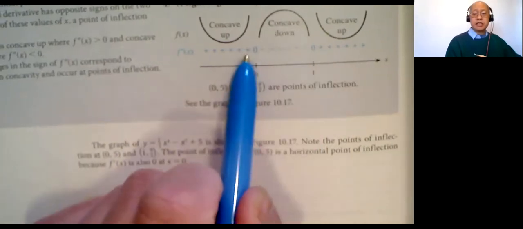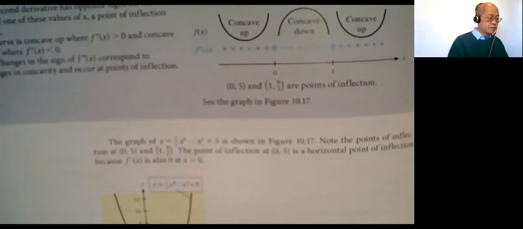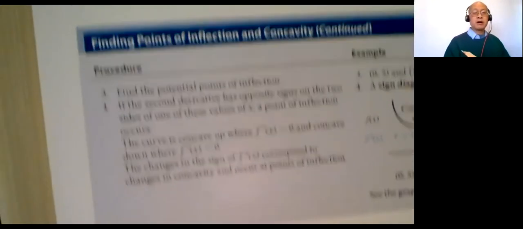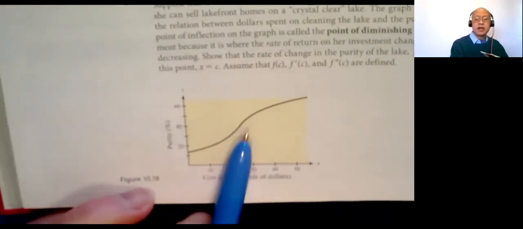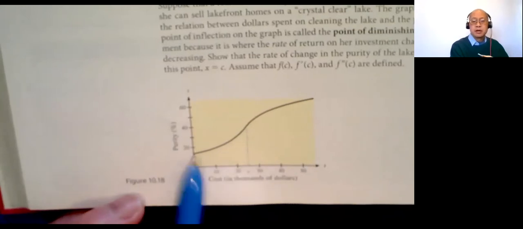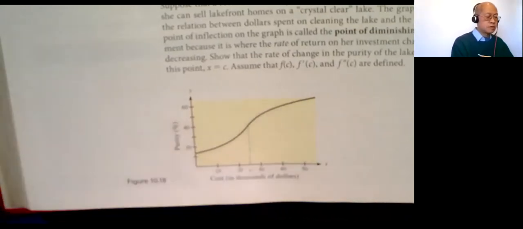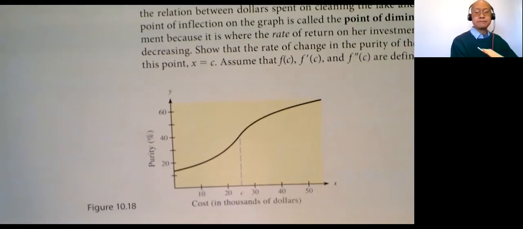That means we have an inflection point right here and right here. Here's a graph on the bottom of 646. Here's an inflection point. Concave up, concave down.